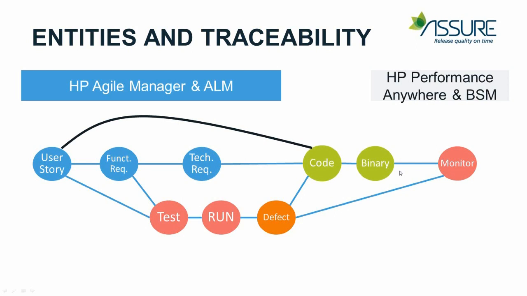But because of our scale, we also had issues, not with scalability but with performance, because when you report on data that is relatively big, your ALM performance is going to be impacted since it's sharing the same database.